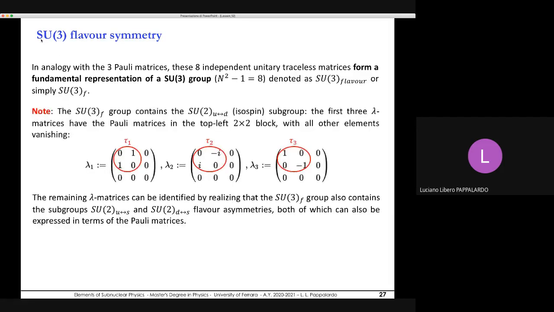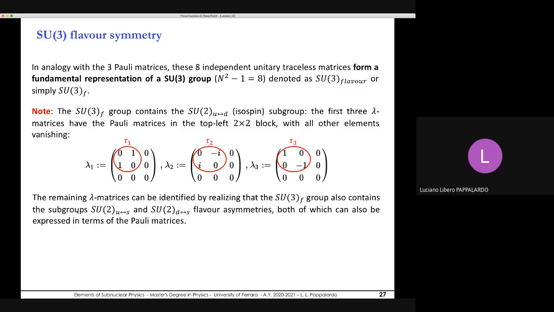Now, the SU3 flavor group contains the SU2 up-down isospin subgroup, and in fact, you can see this already in the Gell-Mann matrices. The first 3 Gell-Mann matrices have the Pauli matrices in the top left 2 by 2 block, while all the other elements are equal to 0.